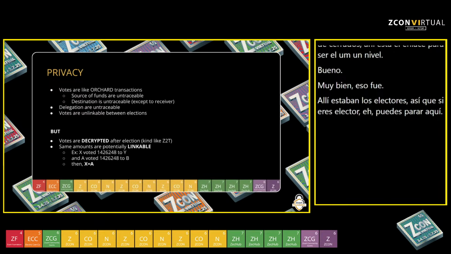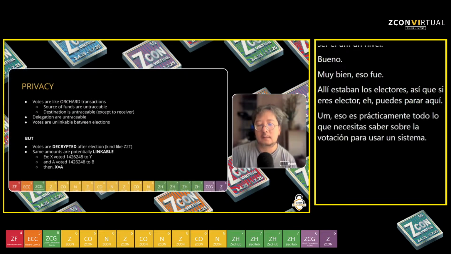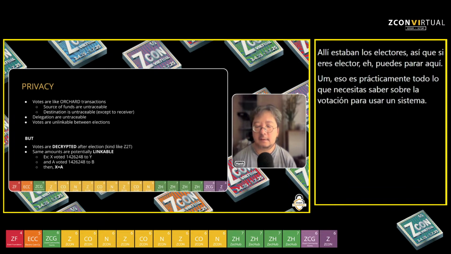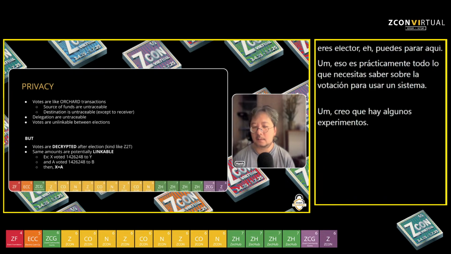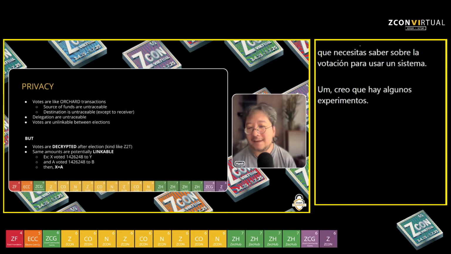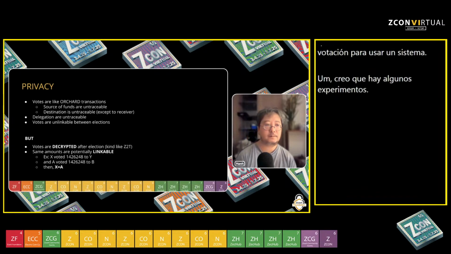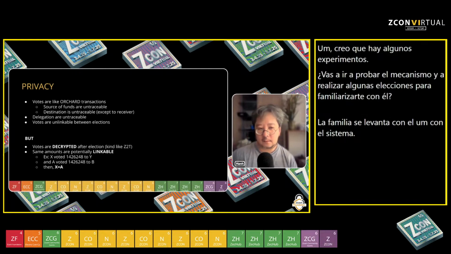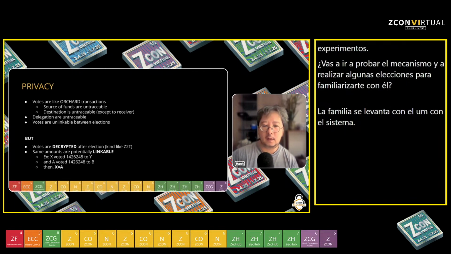I think there are a few experiments underway to test the mechanism and run some elections to get familiarized with the system. I will talk about this at the end. But regarding the elector, that's all you need to know.